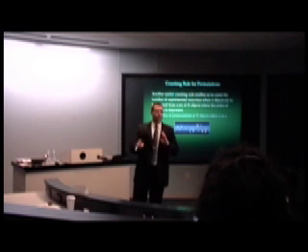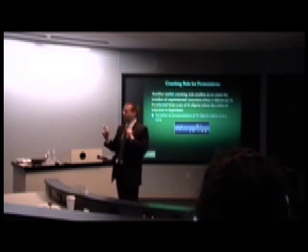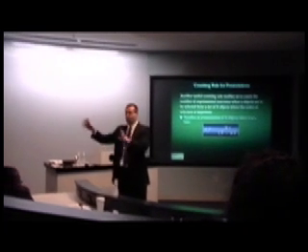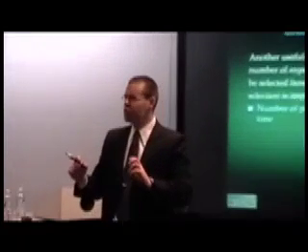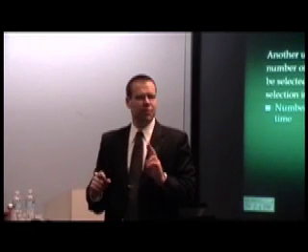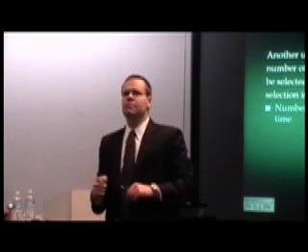Imagine that you have 2 people and you want to construct a board of 2, president and secretary. There are 2 people. How many ways can you organize those 2 people? 2 ways. Everybody happy with that? All right, now add a third.